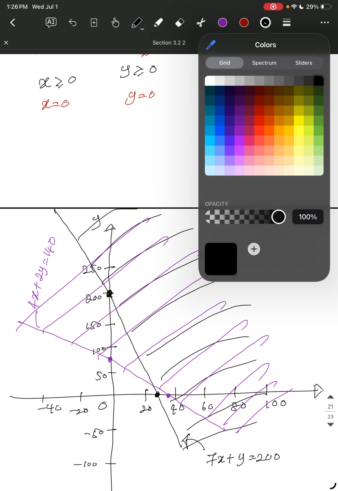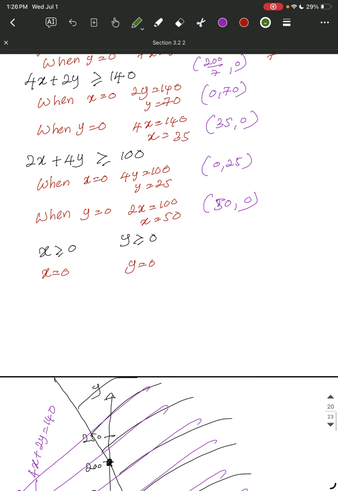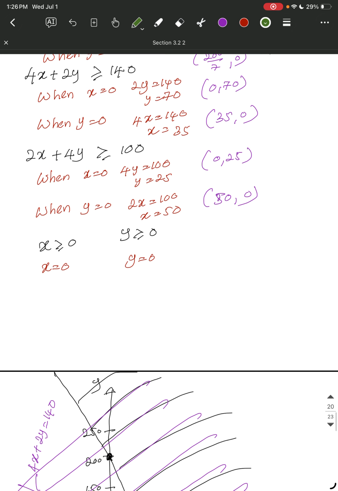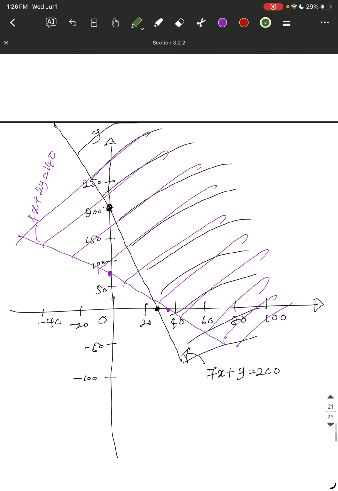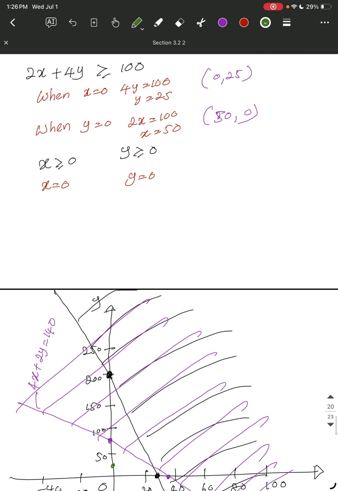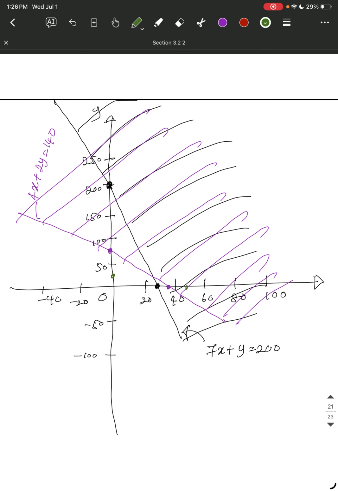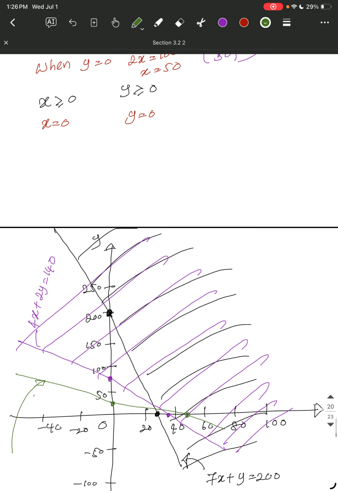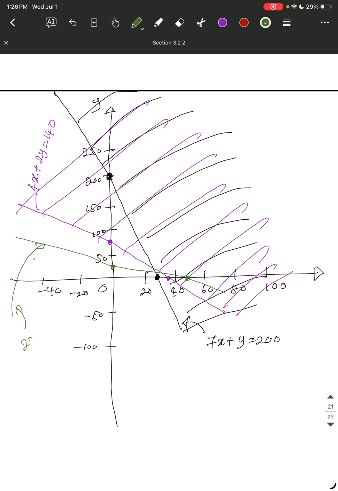Next, 2x plus 4y equals 100: 0, 25 and 50, 0. That is the line 2x plus 4y equals 100, again above.